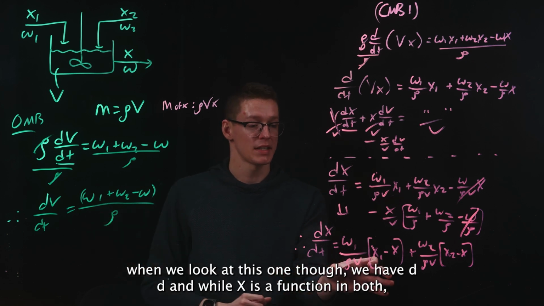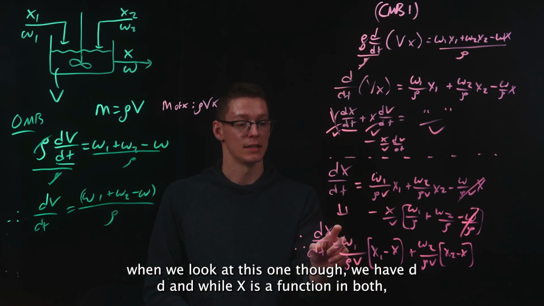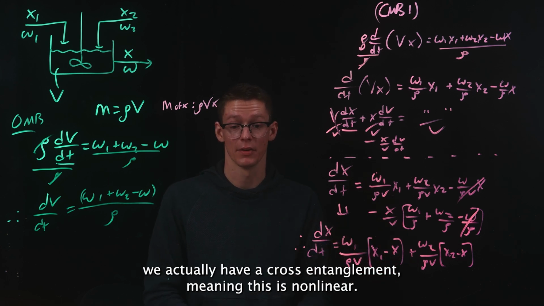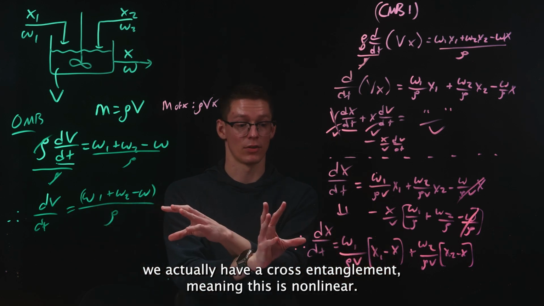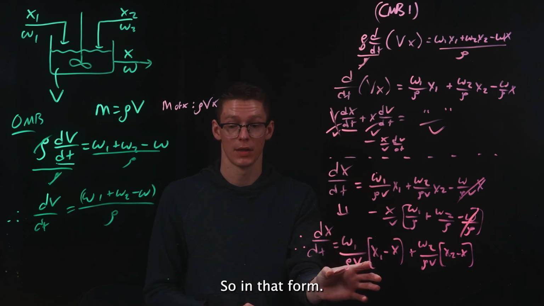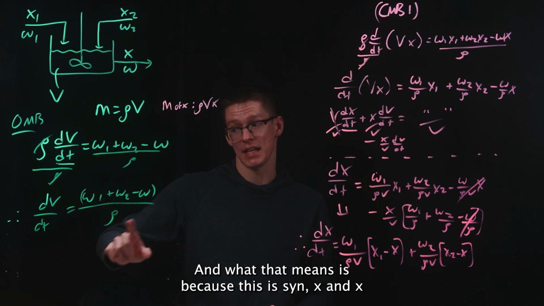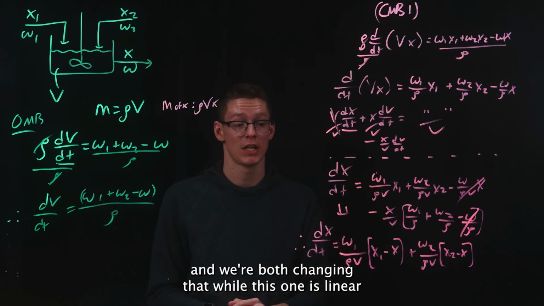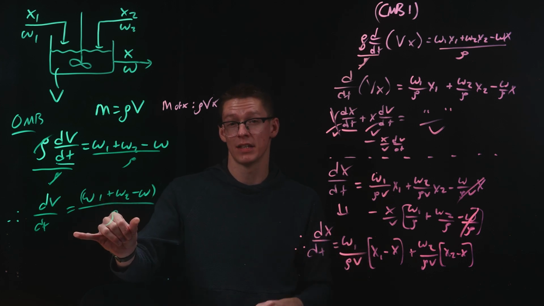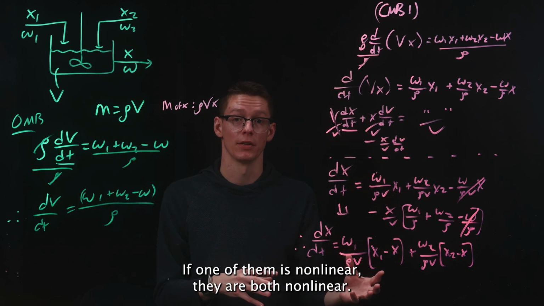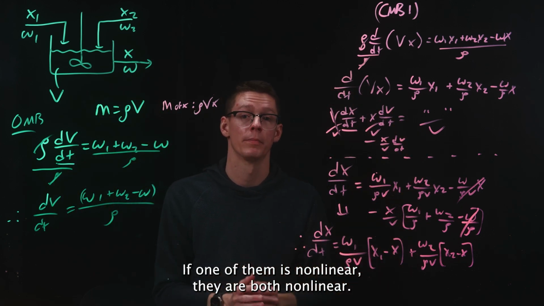When we look at this one, we have dx/dt, and while x is a function in both, we also have V. Because the x and the V are here together, we have a cross entanglement, meaning this is non-linear. Because x and V are both changing, while this one is linear and this one is non-linear, the total system is non-linear. If one of them is non-linear, they are both non-linear.